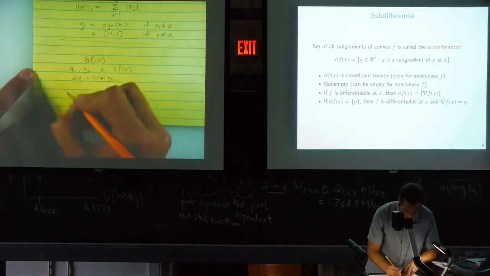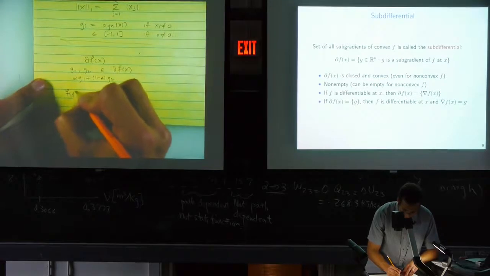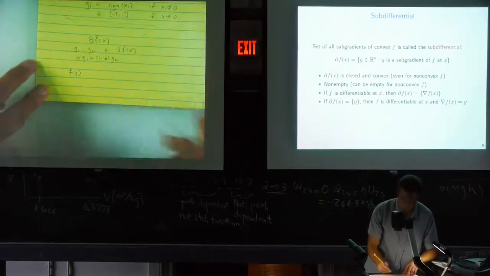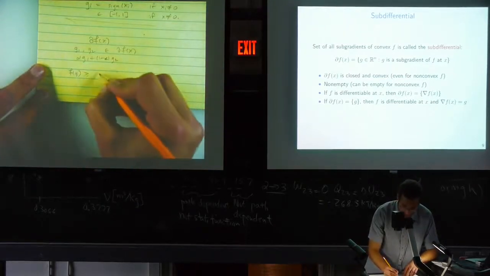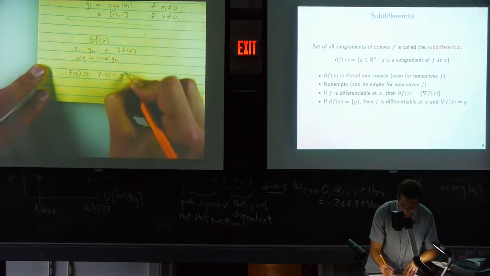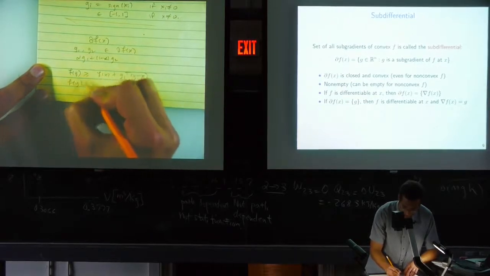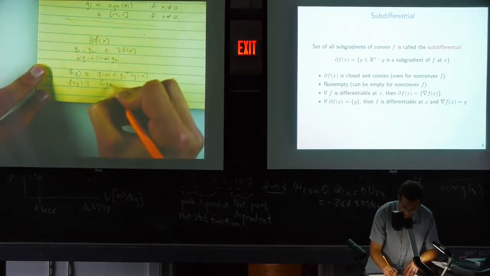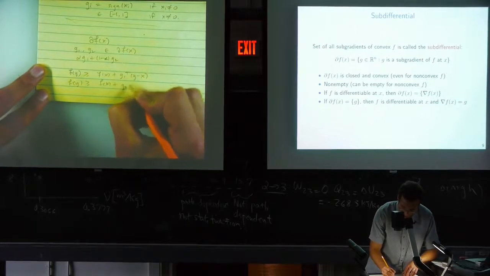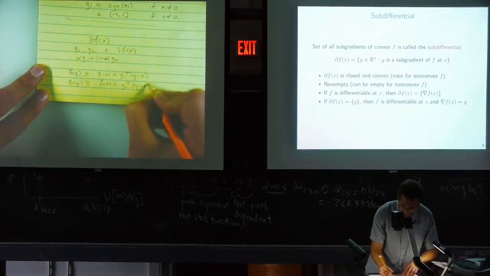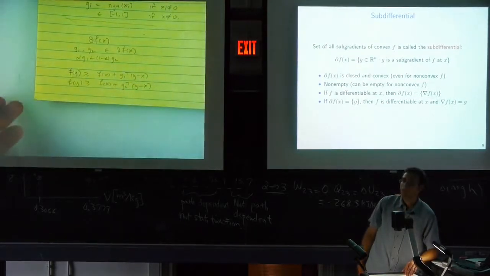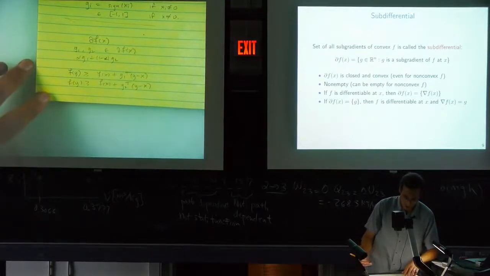So just by definition, if I look at f of y, we know it's already bigger than or equal to f of x plus g1 transpose (y minus x), and it's also bigger than or equal to f of x plus g2 transpose (y minus x). This is from the definitions of the subgradients.